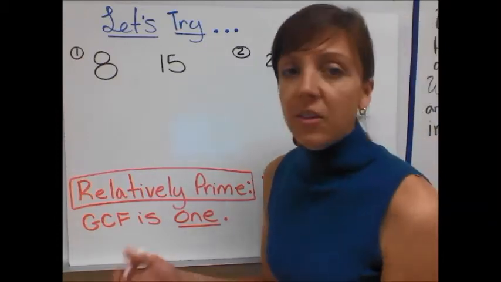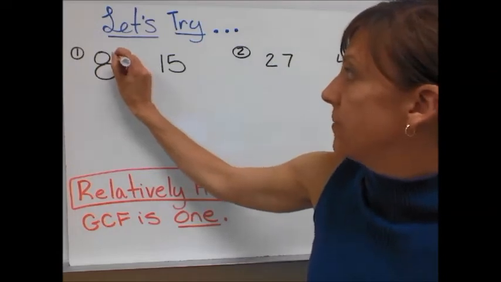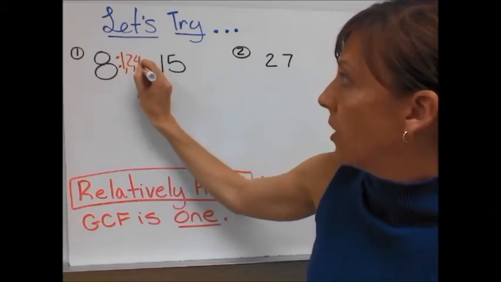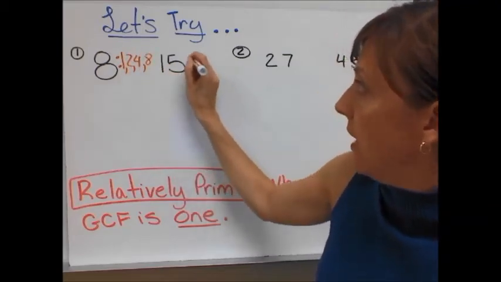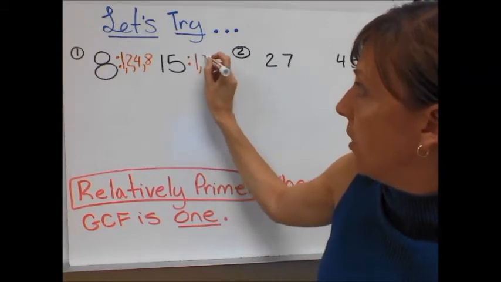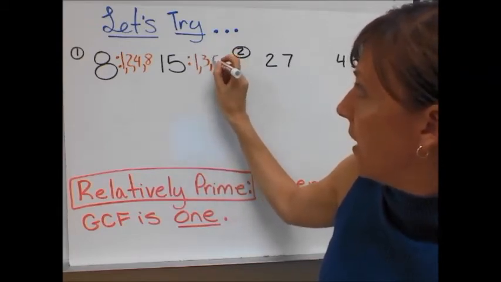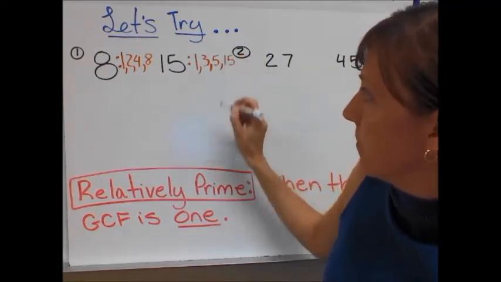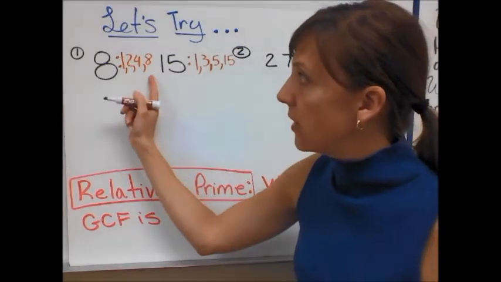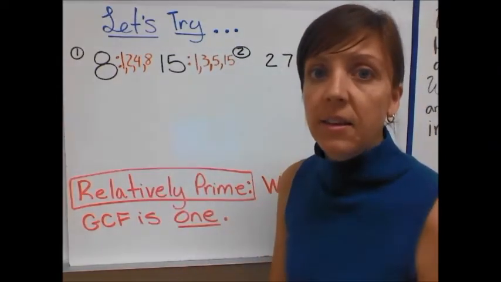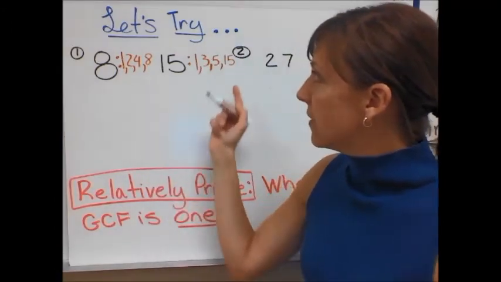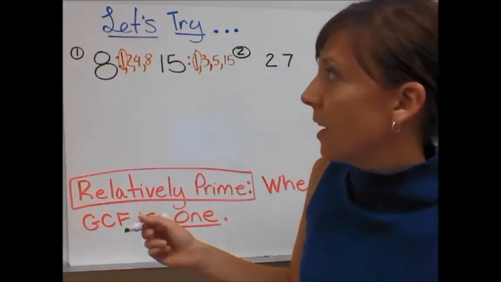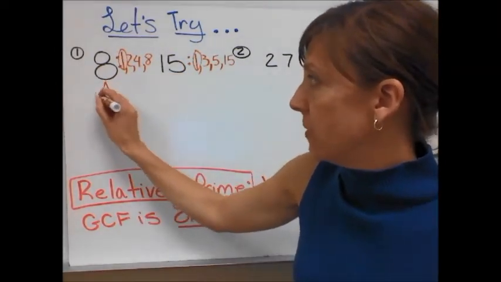Well, first of all, I could just list out the factors of 8 and 15. 8 has 1, it has 2, 4, and 8. 15 has 1, 3, 5, and 15. And so there's 4 factors of 15, and there's 4 factors of 8. So I'm looking at these factors, and the only factor I'm seeing in common is 1. Okay, let me try a factor tree just to make sure.